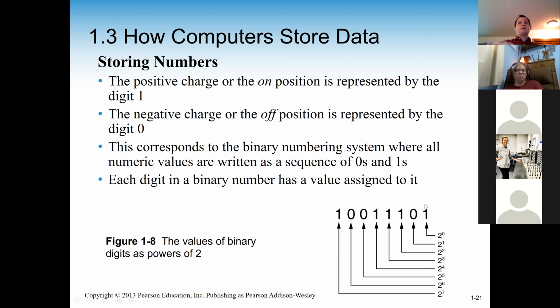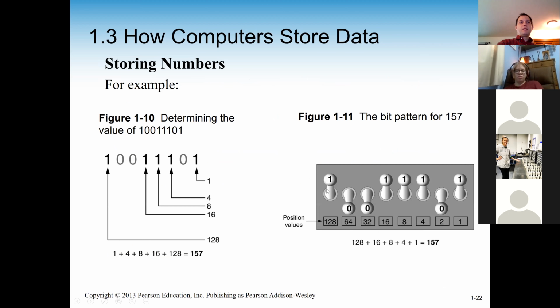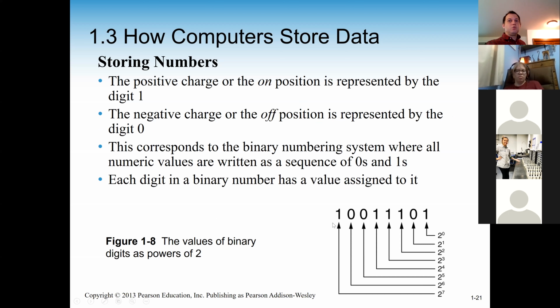Because you have two options, 0 and 1, it's 2 to the something based on the position. Over here, the bit pattern that we got is 1, 0, 0, 1, 1, 1, 0, 1. These are the equivalents of those 2 to the something.